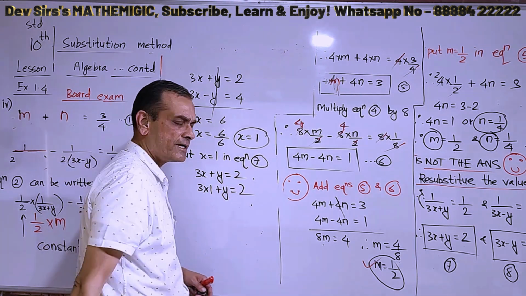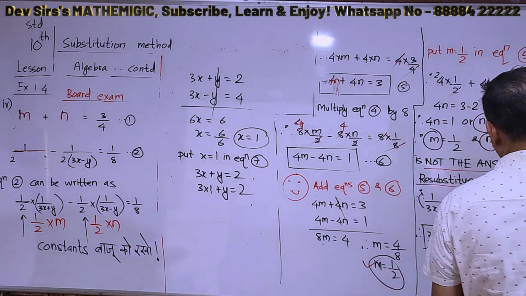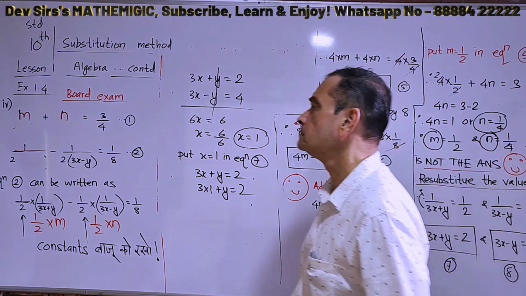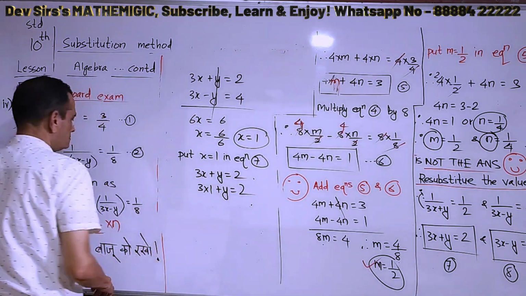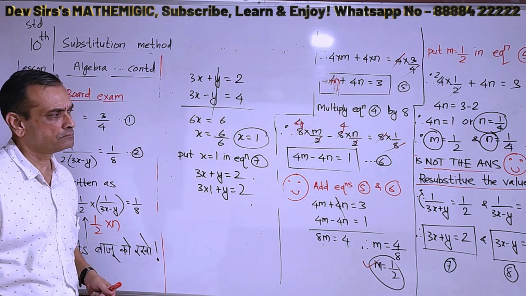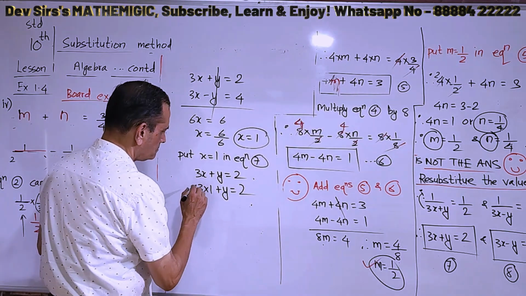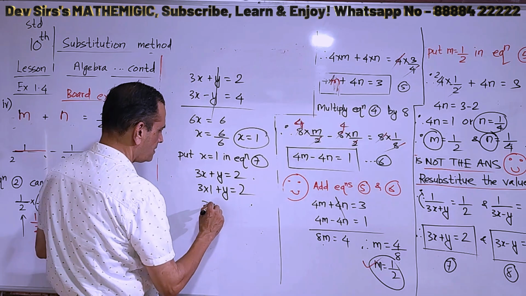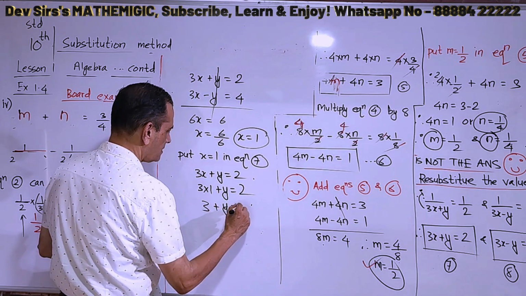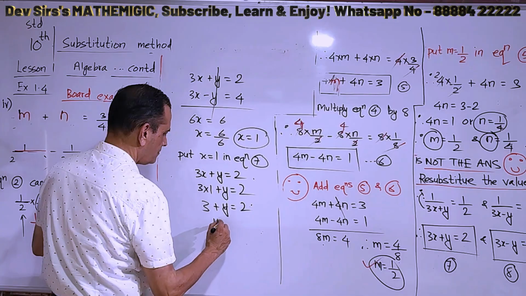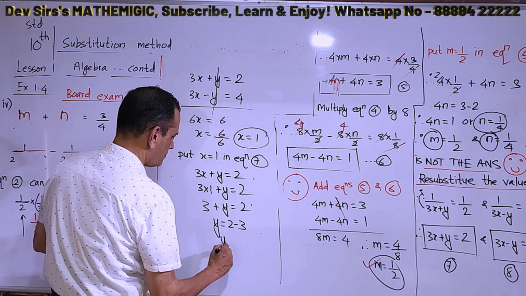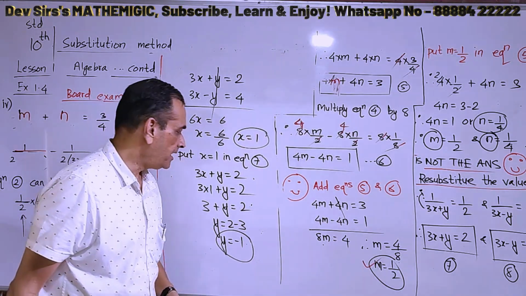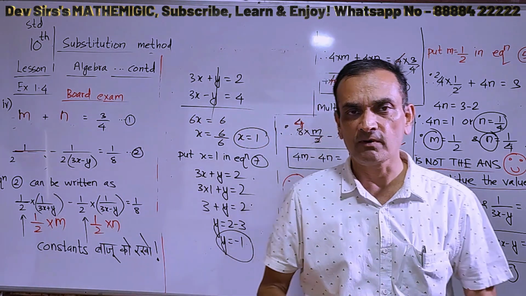Put x equal to 1 over there. 3 into 1 is 3. That's our answer. x equal to 1, y equal to minus 1.